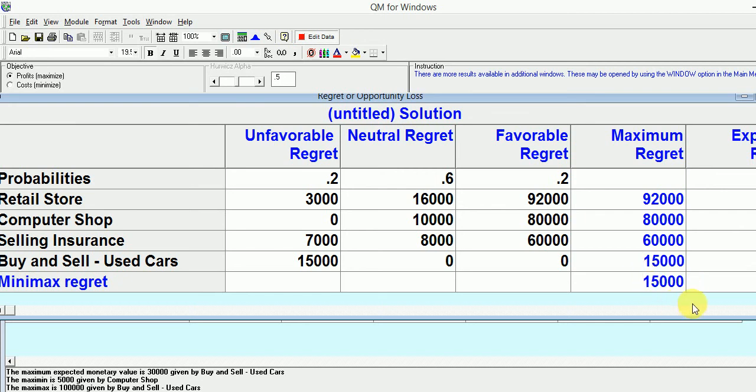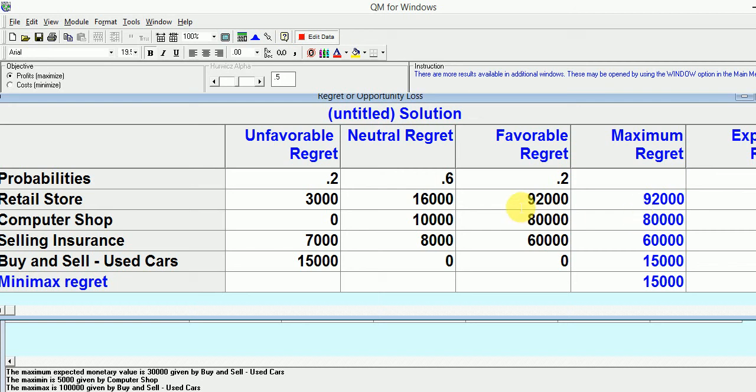So still, it points to the buying and selling of used cars because the maximum regret will be in an unfavorable market and you get 15,000. The lowest maximum regret is what we want, because the highest maximum regret for the retail store is 92,000.